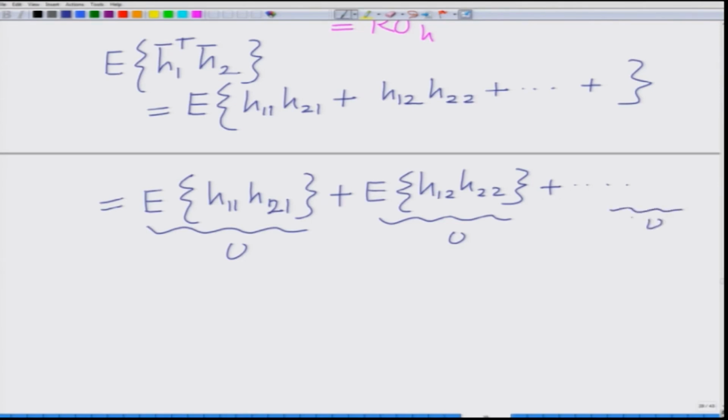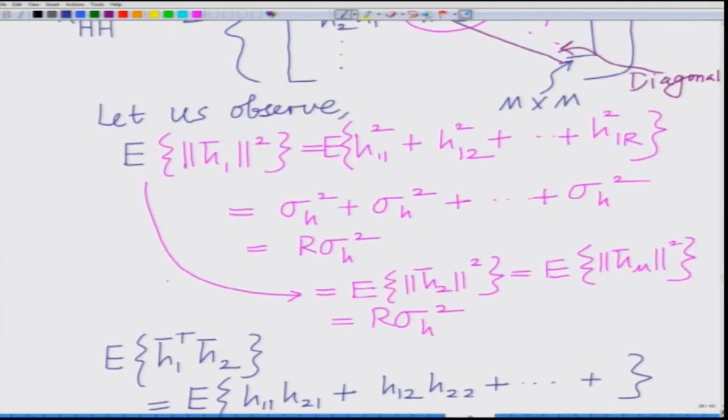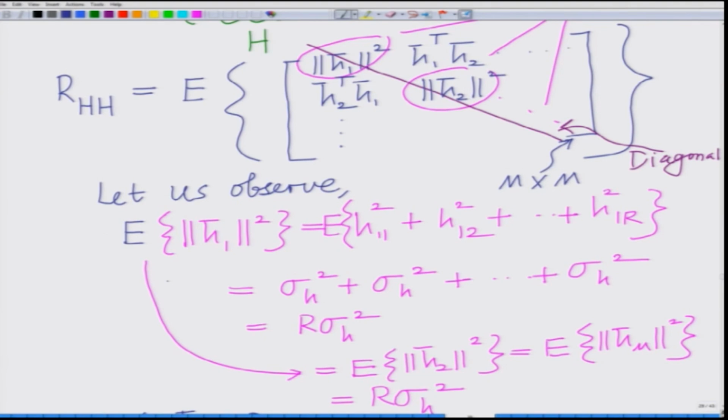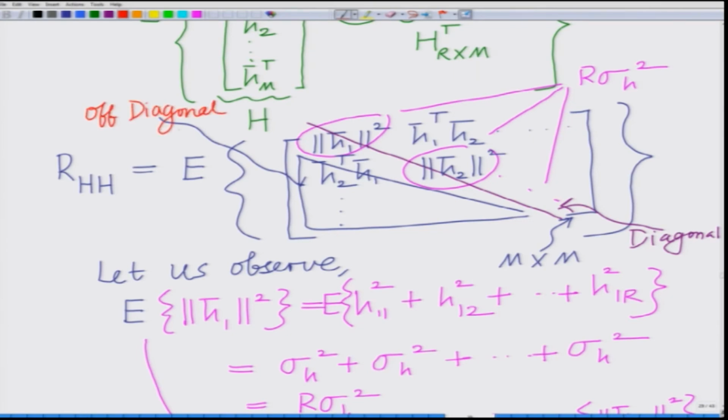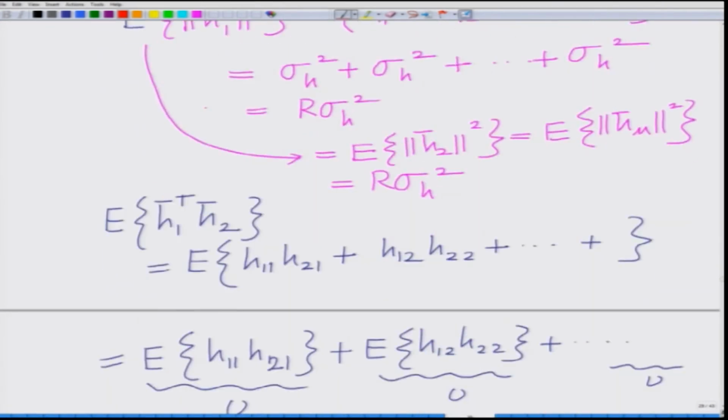So all the diagonal entries are equal to R sigma h square, and all the off diagonal entries are 0 in this covariance matrix, which simplifies it.